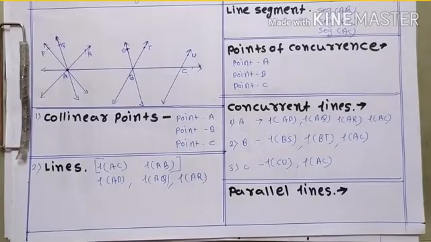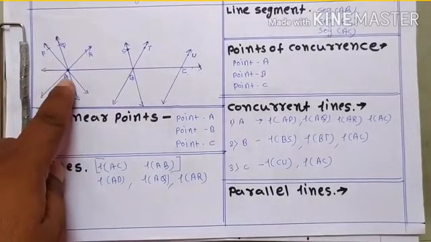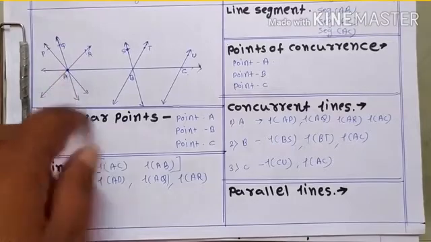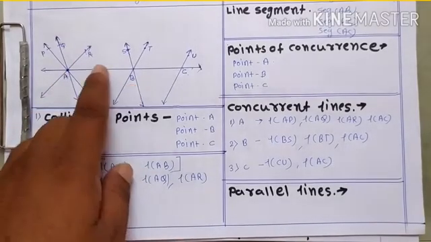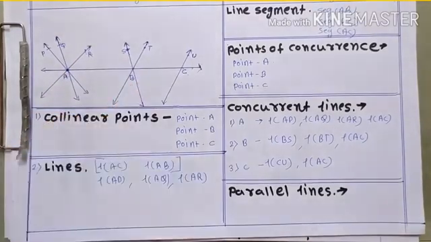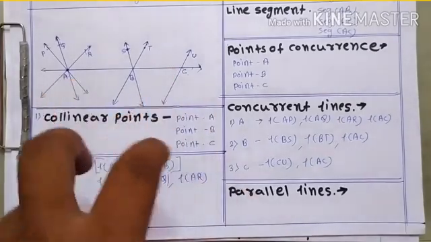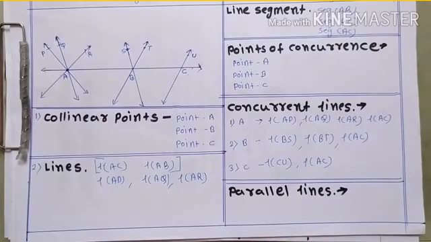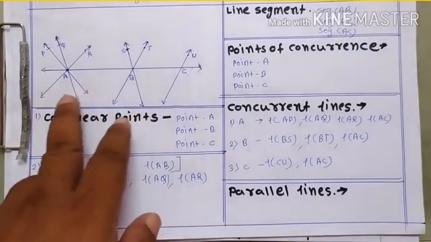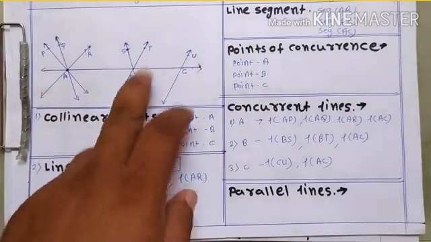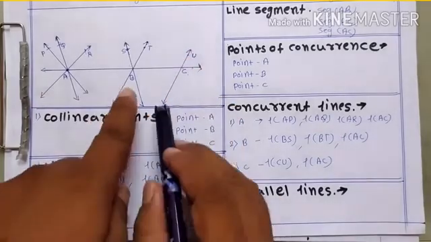Next, parallel lines. What is meant by parallel lines? Lines that do not intersect each other in the same plane are called parallel lines. At point A 4 lines are intersecting each other, at point B 3 lines are intersecting each other, and at point C 2 lines are intersecting each other. Means these are intersecting lines.